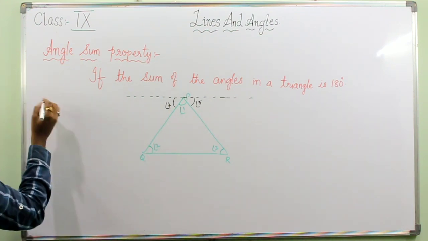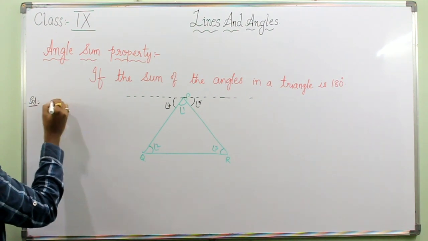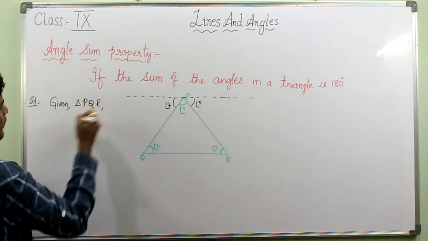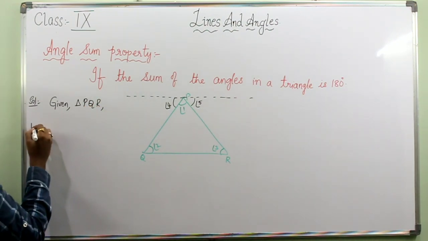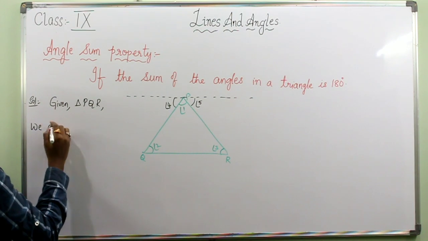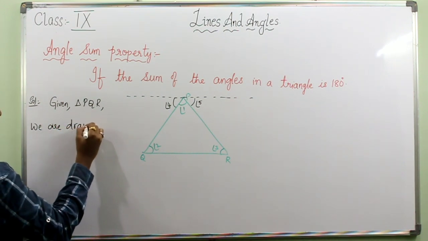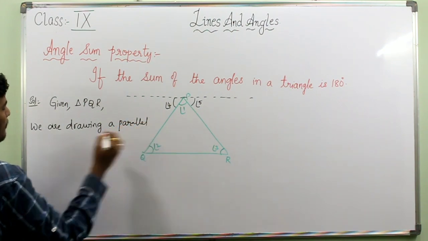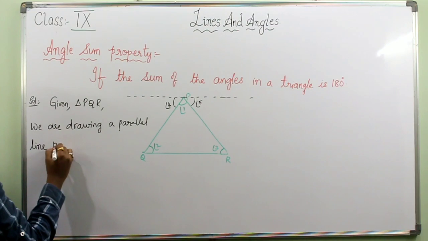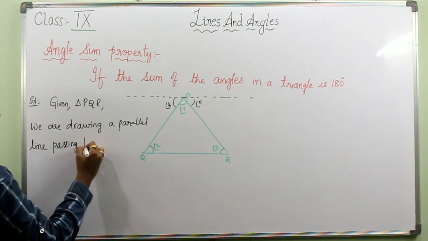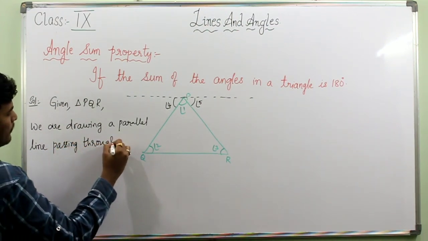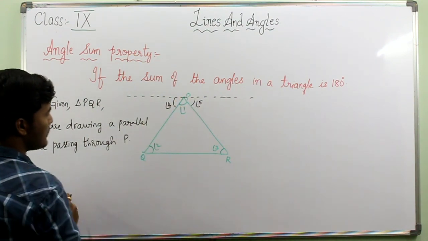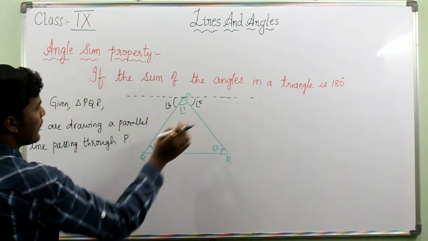So let us start the proof. First we write, given: triangle PQR. We are drawing a parallel line passing through P. It is making two angles, angle 4 and angle 5.